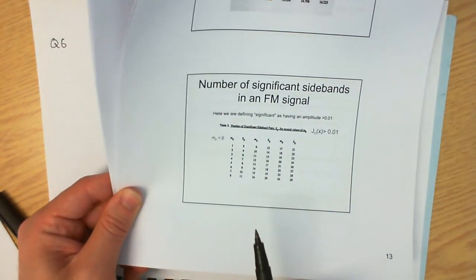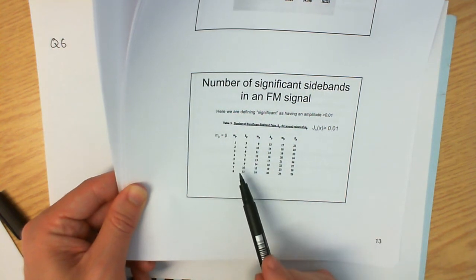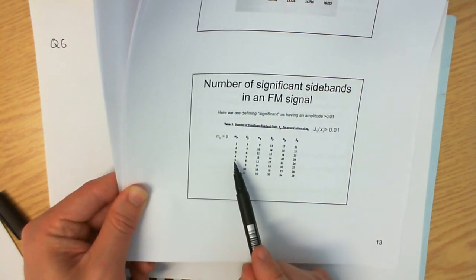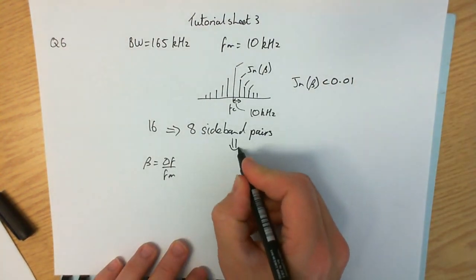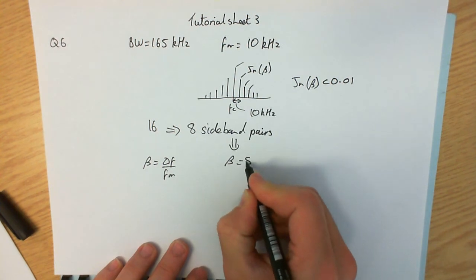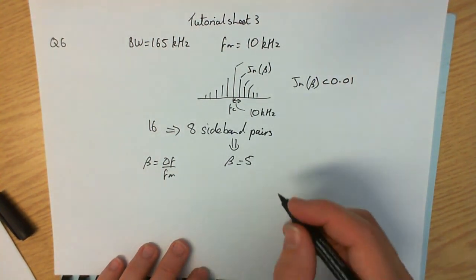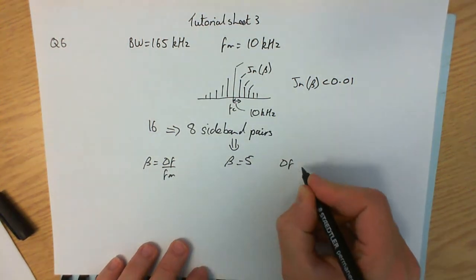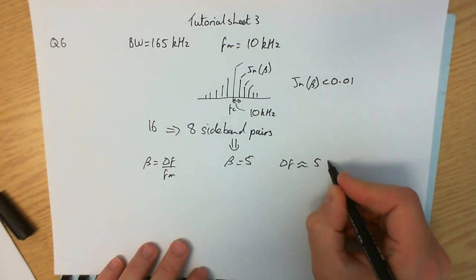This is a table of number of significant sidebands against modulation index, and if we look at what 8 is, it's difficult to see, but that does say 5. So what we're going to have is a modulation index for 8 sideband pairs. We get beta is equal to 5. Hence, we can rearrange this equation to give an estimate of delta F approximately equal to 50 kilohertz.